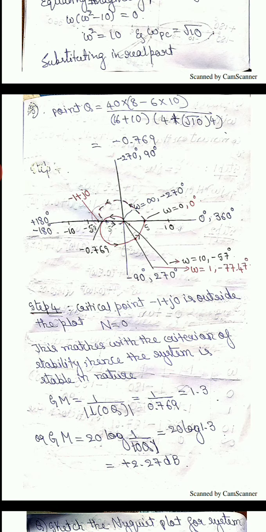OQ, what you got, 0.769, so you will get 1.3 gain margin. You can find it in dB: gain margin is equal to 20 log 1 divided by OQ, which is 20 log 1.3. You will get plus 2.27 dB. Okay, thank you.